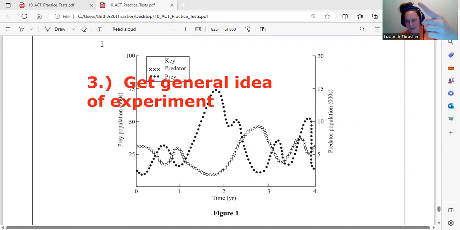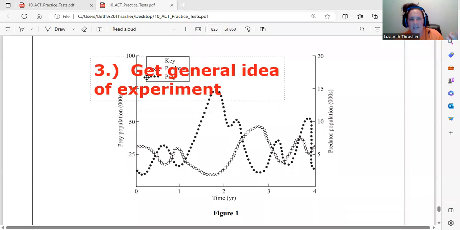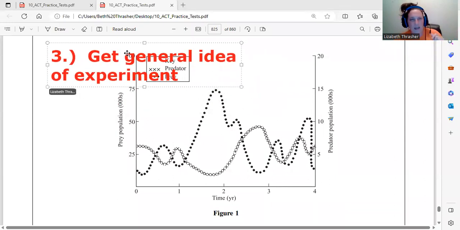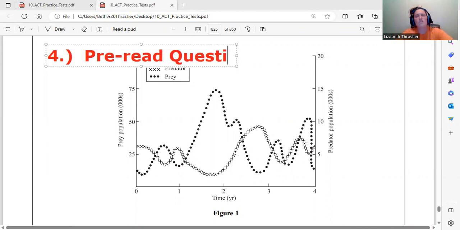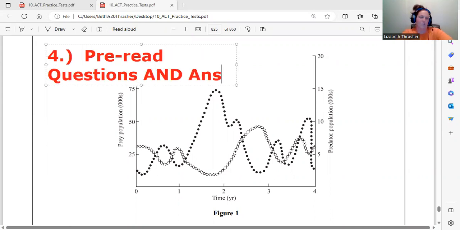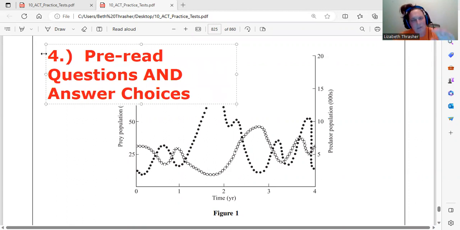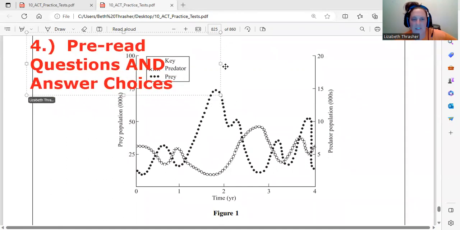The first is skip the scientist comparison. Number 2, look at the data, what's being measured. Number 3, get a general idea of what's going on in the experiment. And that leads us to 4, pre-read questions and answer choices. If you only pre-read the question, you may not have a good eye for what you're looking for in the passage.